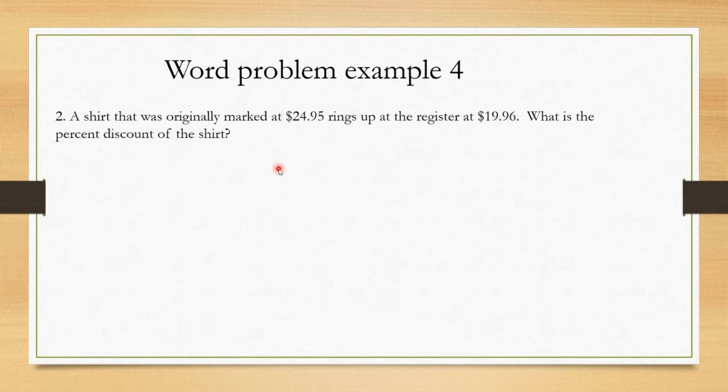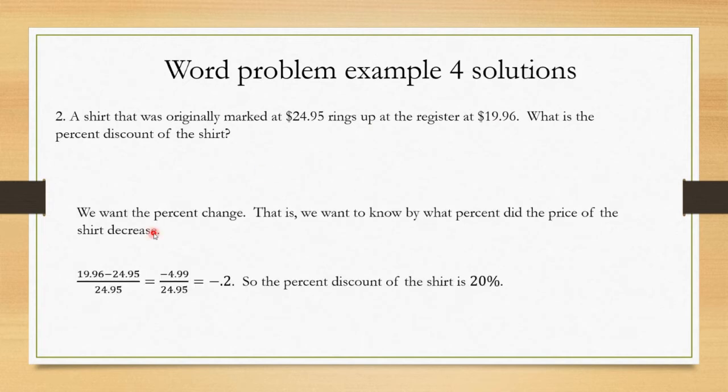Remember, this is absolute change and relative change, which becomes percent change. Right? Basically, we want to know by what percent the price of the shirt decreased. Well, remember, you get the absolute change, which is the final value minus the starting value.